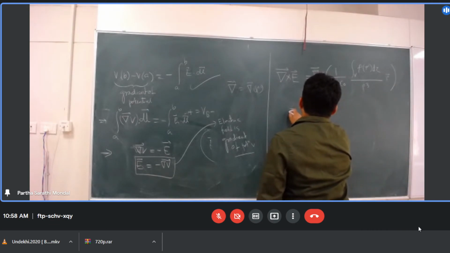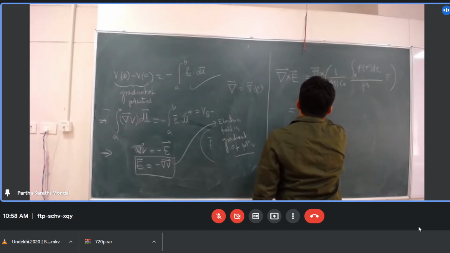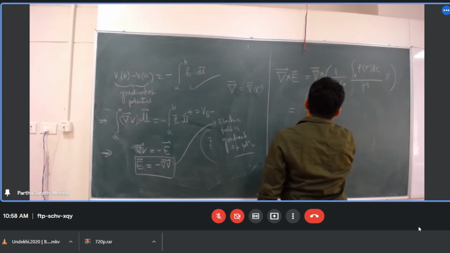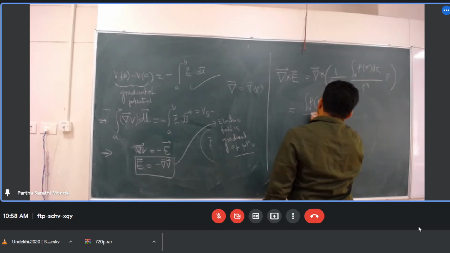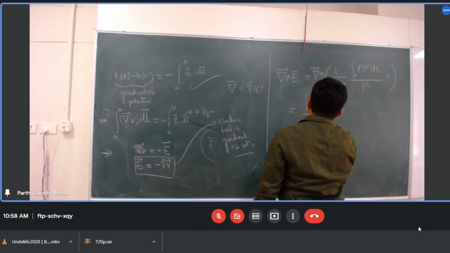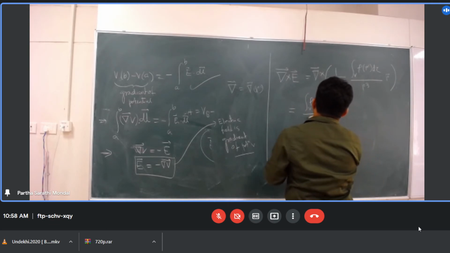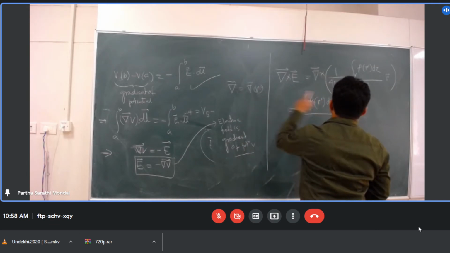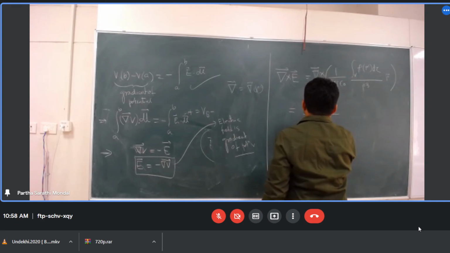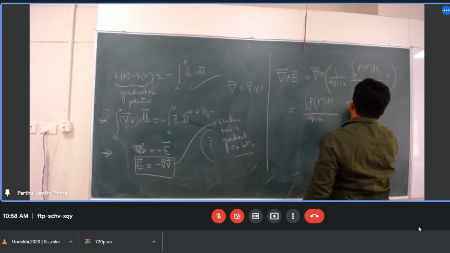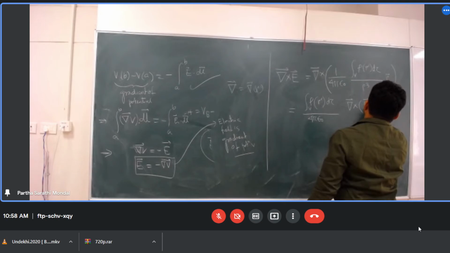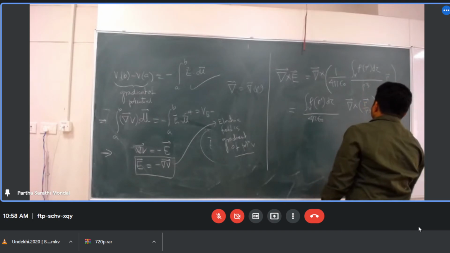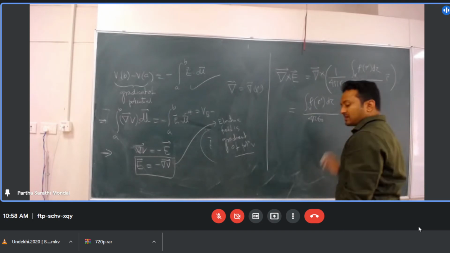So now I can take out the constant term out of curl, which is the charge contribution ρ dτ divided by 4πε0. r² नहीं, r² तो grad is a function of r, so r² you cannot take out. So it's actually become like this. So we have to compute the curl of r̂ by r².